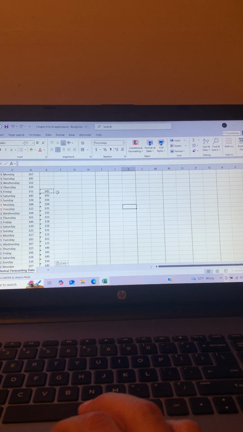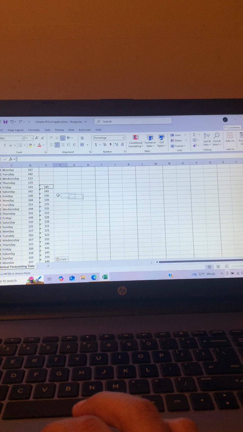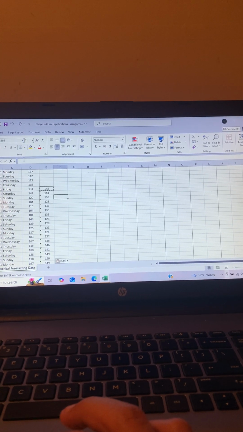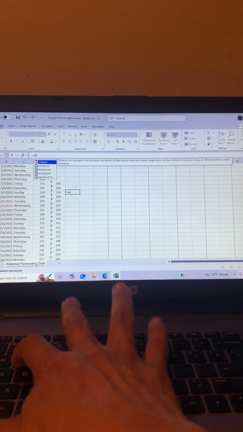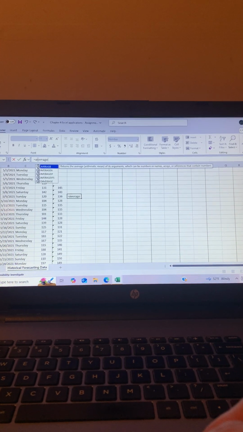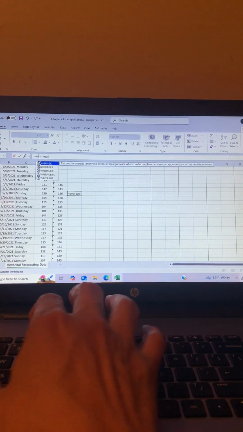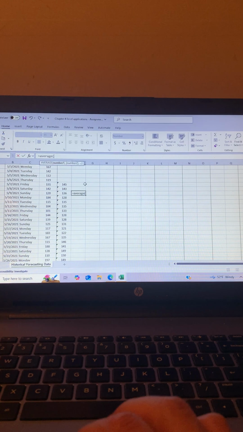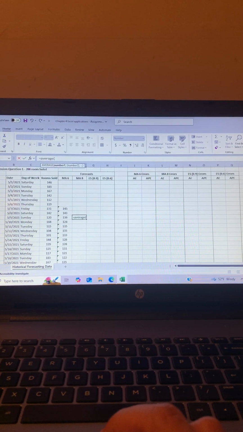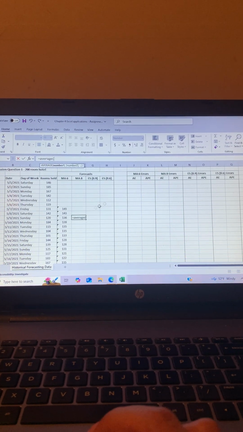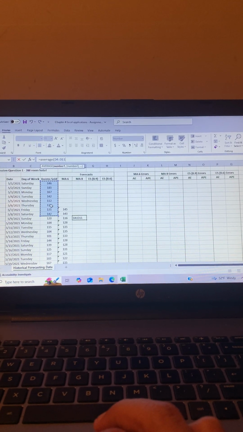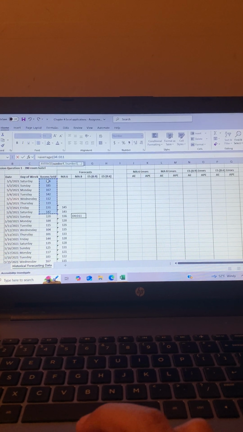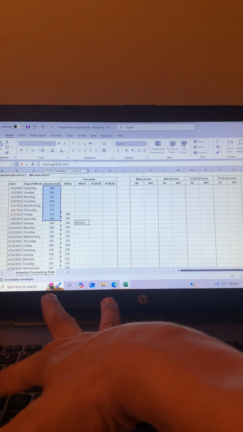So 7, 8. We're gonna do here. We're gonna highlight these. So we're gonna do again equals average, parentheses. We're gonna highlight, okay, I'm gonna put a parenthesis just in case.